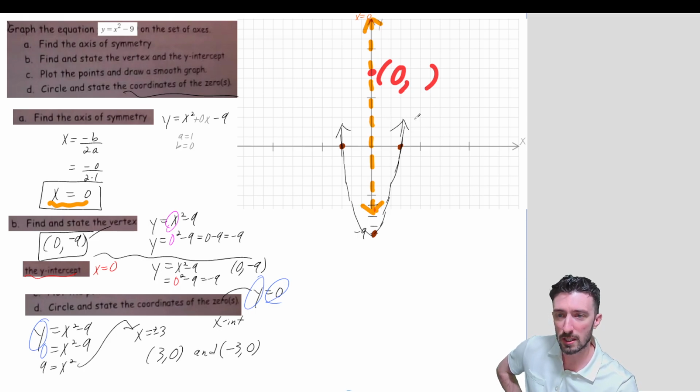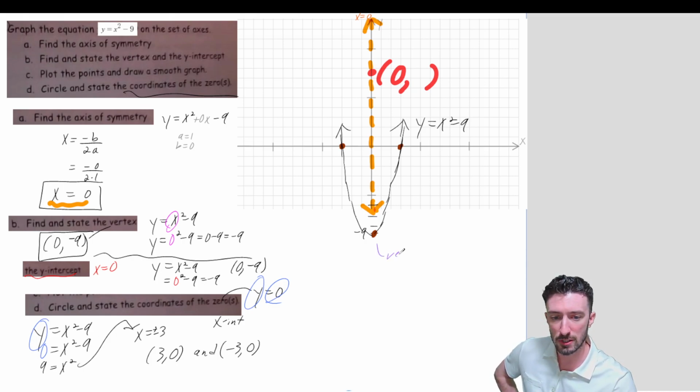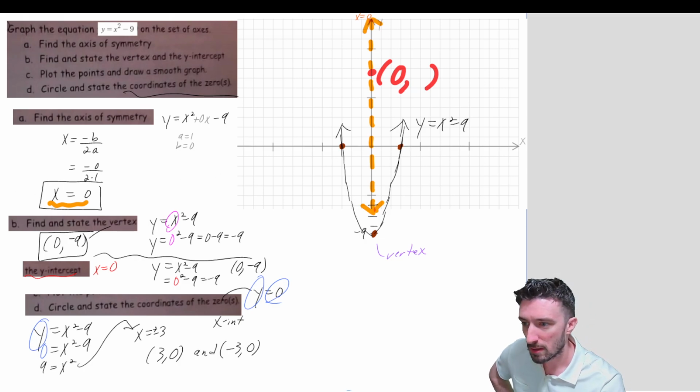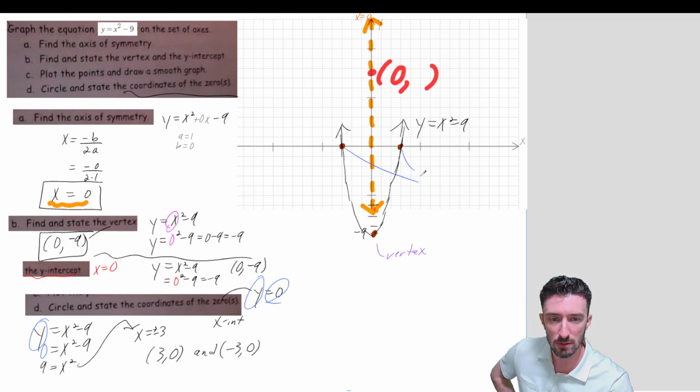And we finally did it. We finally graphed y equals x squared minus 9 using the vertex and also the zeros. So these guys are called the zeros. I think that's with an E.